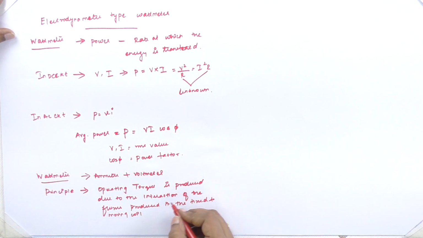Due to the interaction of the two fluxes produced by the fixed coil and moving coil, the operating torque will be produced in the wattmeter.